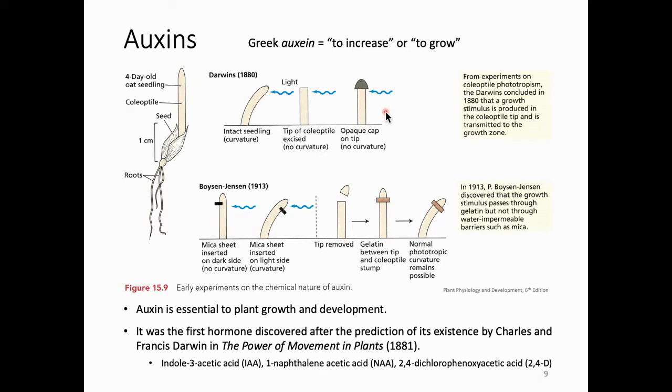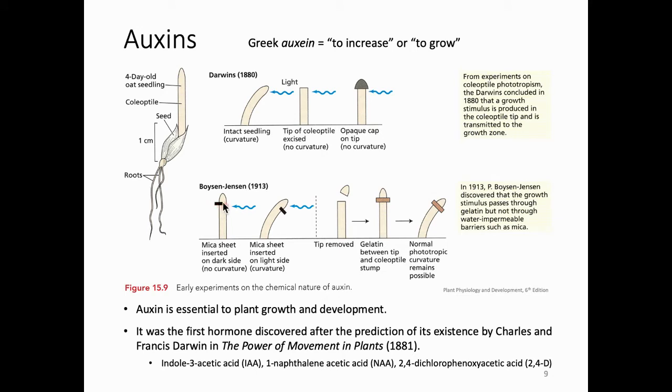Later, different scientists tried to do more experiments on the coleoptile. The first group, Boysen and Jensen, inserted a mica sheet, which cannot be passed through by water-soluble substances.